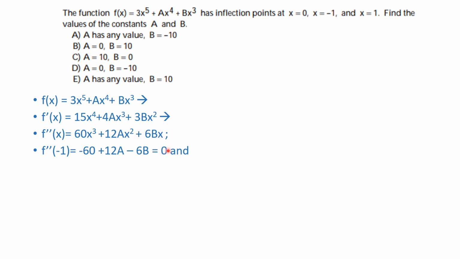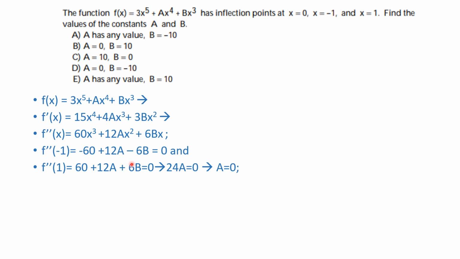And we could plug in 1 in the same way, but this time 1 to the power 3 is positive, so we will retain 60 without a negative in front of it. And obviously, instead of x squared, we will have 12a without any change, and also over here we will have plus 6b, because there is just x and we have to replace it by 1.